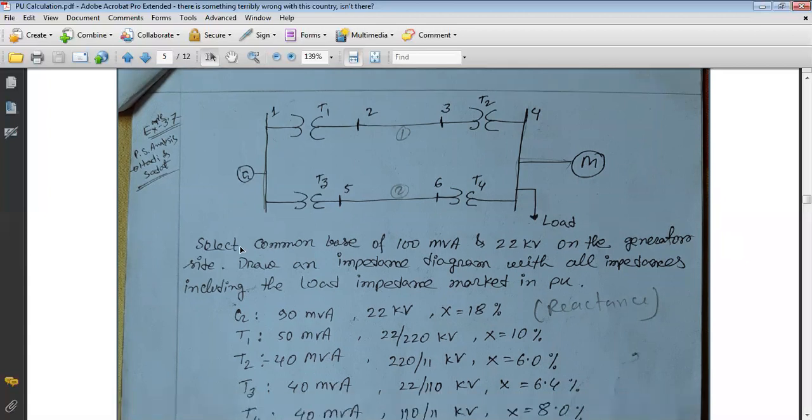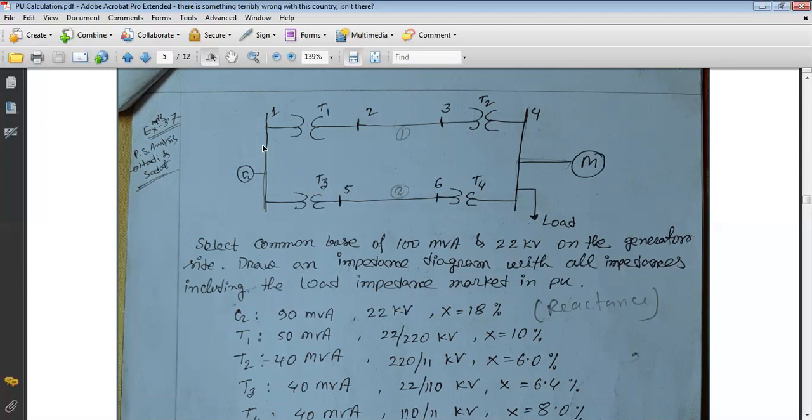Now the question is: select a common base of 100 MVA and 22 kV on the generator side. It means that on the generation side, we have to select a common power base of 100 MVA and a voltage base of 22 kV. Draw an impedance diagram with all impedances, including the load impedance, marked in per unit.